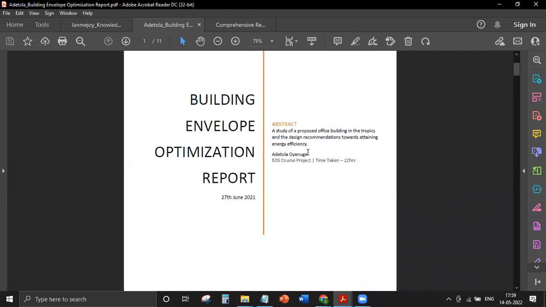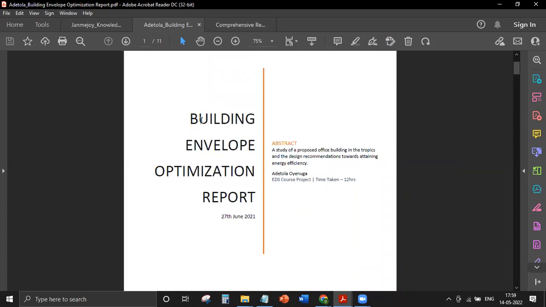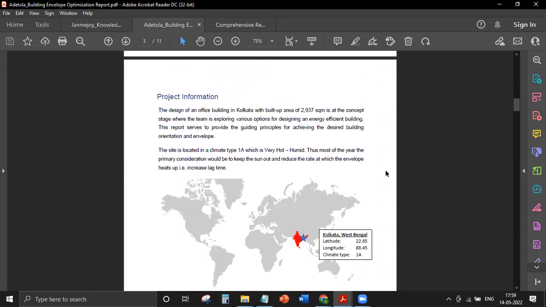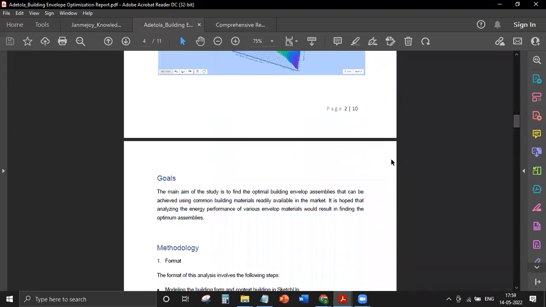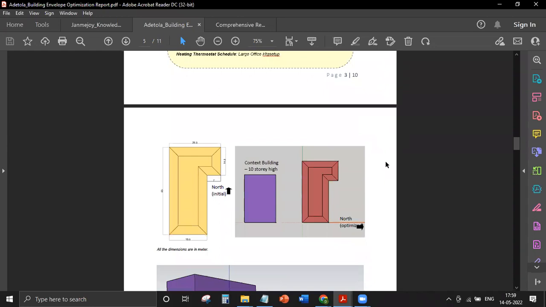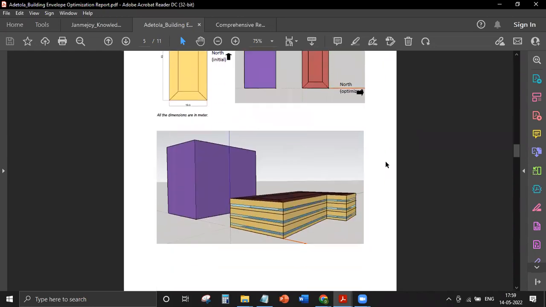So here you will develop a building envelope optimization report. I'm going to scroll through it so you get a sense of what you could develop at the end of the course, and you can take your own project as well. It may take you more time to develop it, but that is what this course is about. You have the option to apply the concepts in your own project.